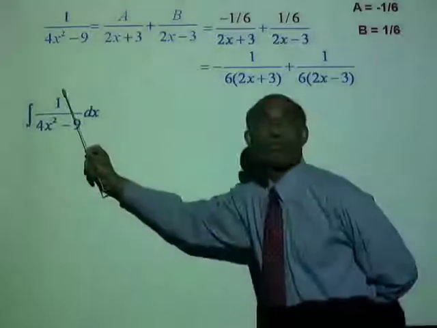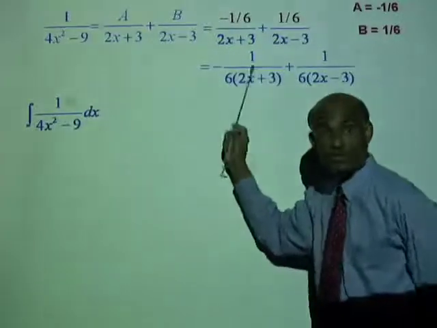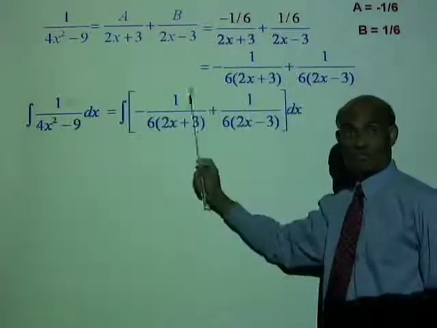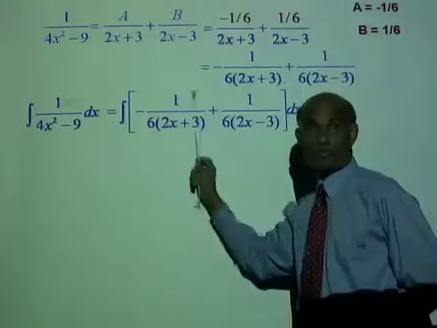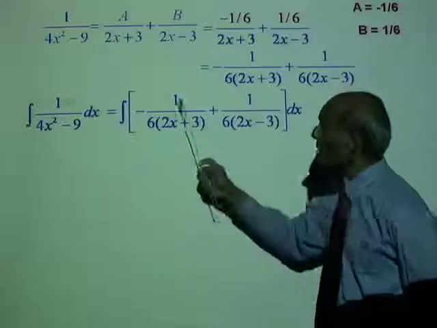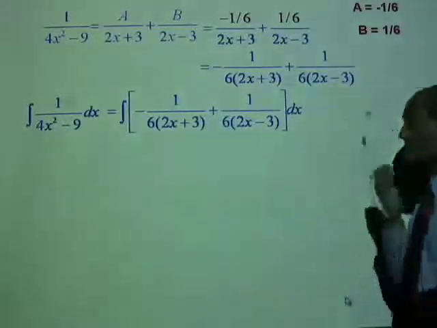Now, integral 1 over 4x squared minus 9 dx is now the same as integral of this. Look at the way I wrote that. That's right, integral of this, which is the sum of two functions, which means we can integrate each of them one by one.